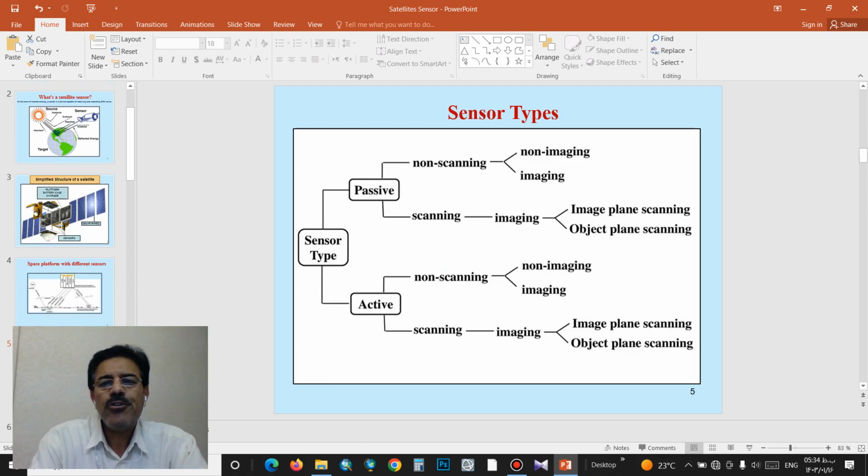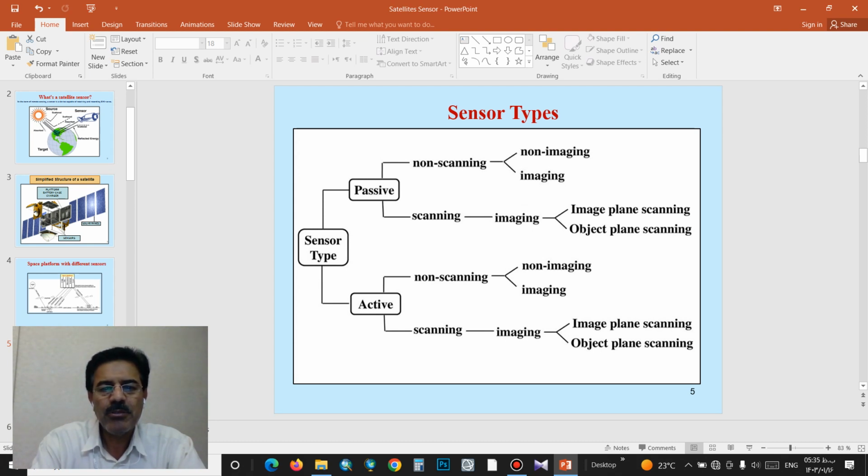This slide is showing sensor types. There are two types of sensor: passive sensor and active sensor. Passive sensors include non-scanning and scanning.